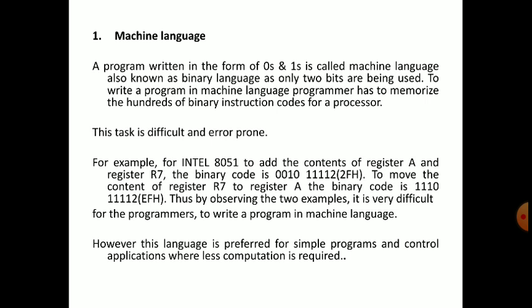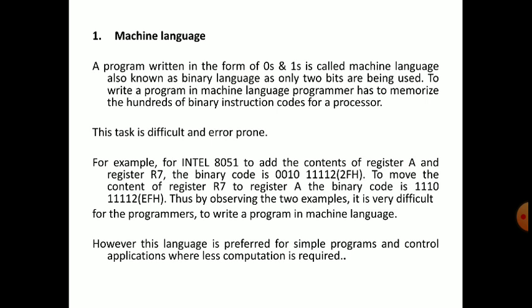But if you want to remember that particular instruction add A comma B in machine language, you need to remember at least 3 bytes of data. It is 3 into 8, 24 bits. You have to remember the sequence 0 0 0 1 1 1 like that. Instead of saying add A comma B, you have to say the 3 bytes of data. So which one is easier, the mnemonic form or the machine language?